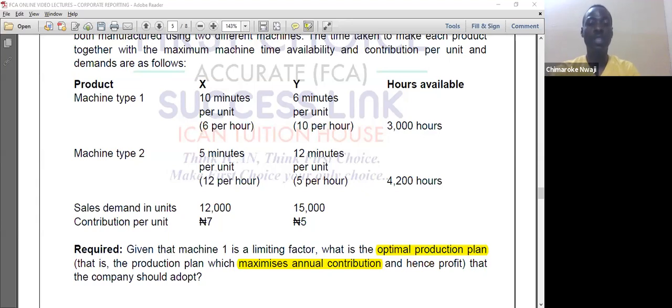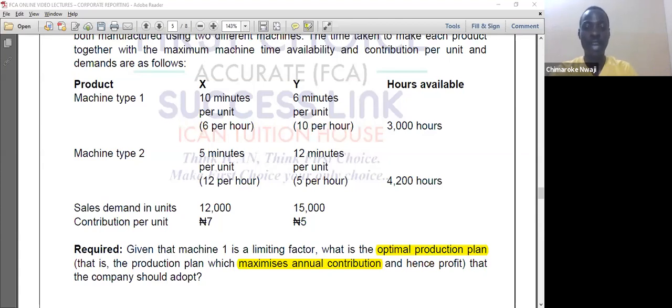That's why you see the arrow goes from here to here, so you understand that you are moving from left to right. Granted, you have 15,000 units, and we said that 1 unit takes 6 minutes. But we want to convert it to hours, so we divide by 60, and it gives you 0.1 hours. So 1 unit is 0.1 hours, and 15,000 units multiplied by 0.1 gives you 1,500.